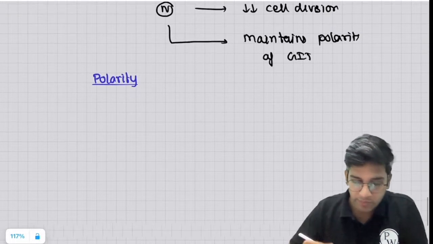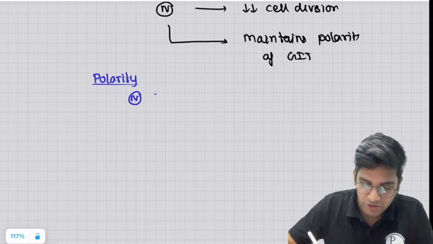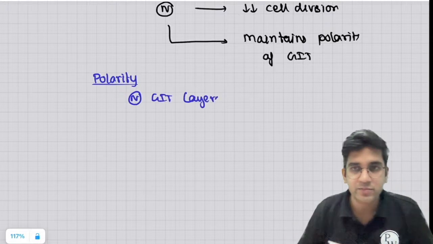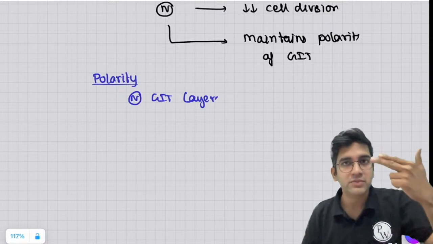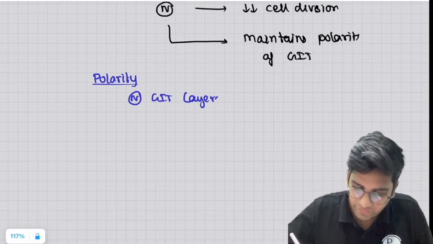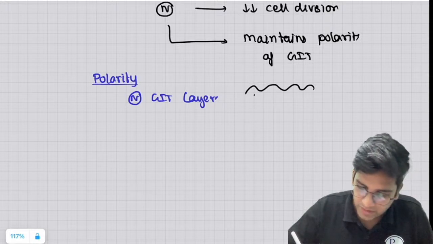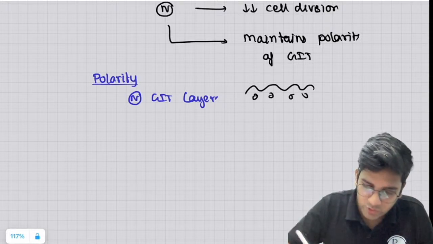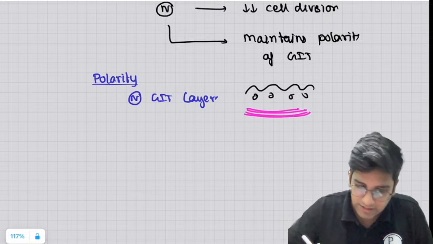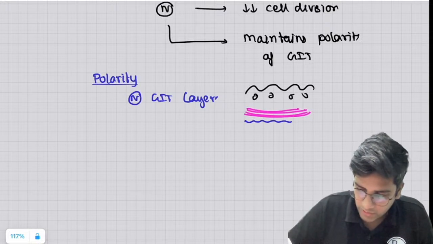So that's the normal GI epithelium. When you take a normal GIT, the layers are simple: epithelium, submucosa, muscularis, serosa. Clear? I have 4 layers. I have epithelium here, I have glands here, submucosa. Just for understanding, let's put a pink color muscularis, and I have a serosa, right?